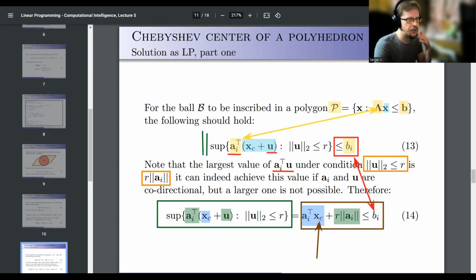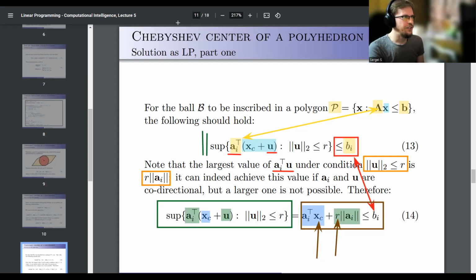Decision variables are xc and r. A is not a decision variable. That is a polytope. In H representation of a polytope, the rows of A are half spaces. So A is given. So the norm of A_i is just a scalar. We know it. It's not a decision variable. Decision variables are xc and r.